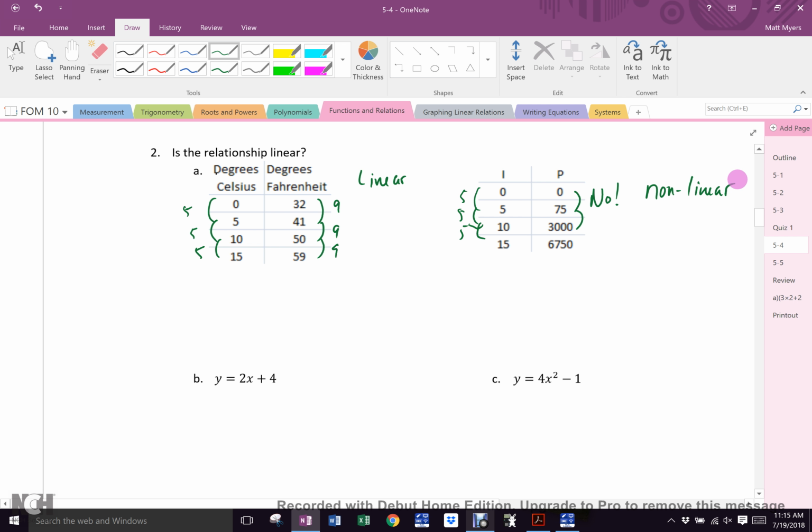Now, I want to take a moment and discuss how we turn this into an equation. Okay? So, I'm going up by 9, correct? Plus 9, plus 9, plus 9. This is the dependent variable, right?